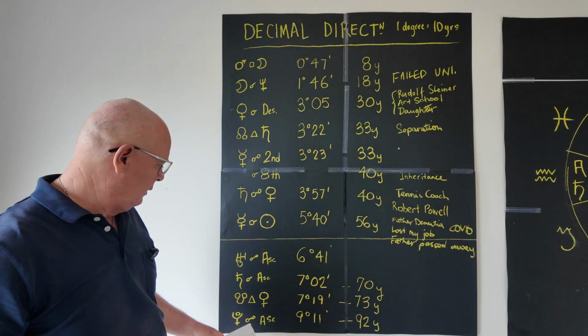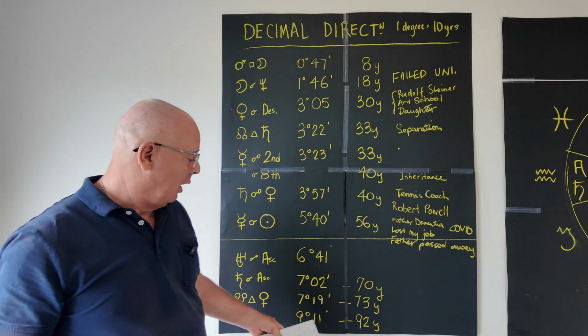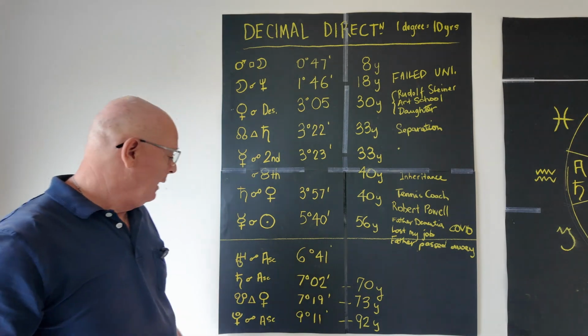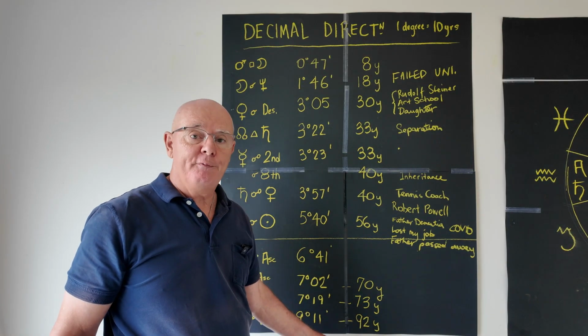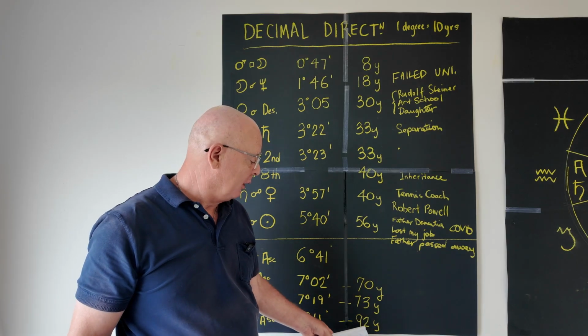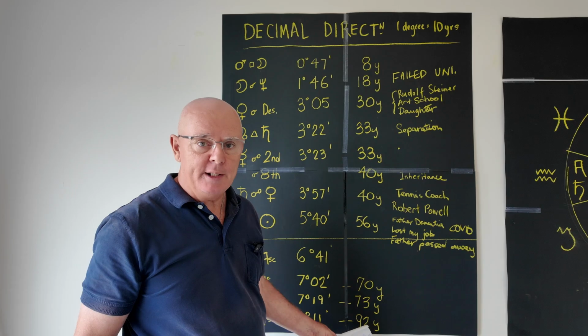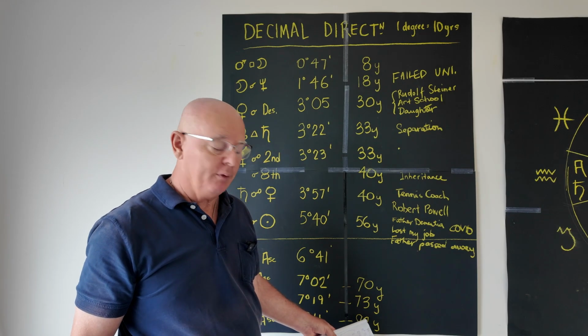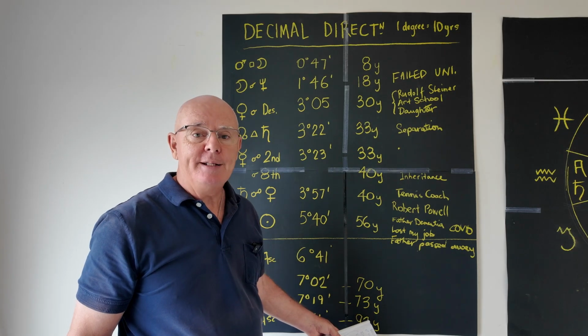And this represents the end of life. And would I live to 92? Well, I've got a strong first house, and that's likely. What's so important to me is that the quality of my life continues until mid-80s.